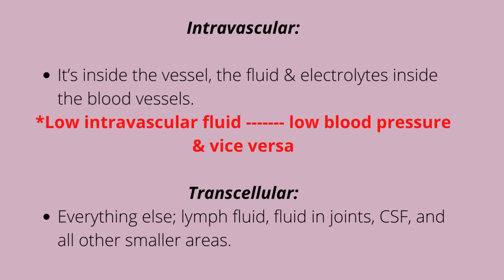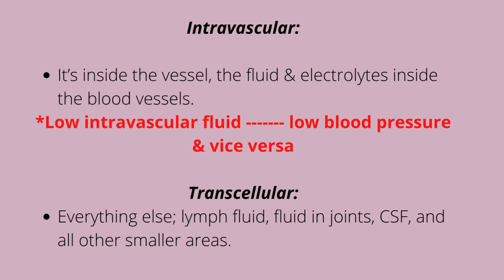Intravascular space. What is intravascular space? Intravascular space is actually inside the vessels, the fluid and electrolytes inside the blood vessels. It's most important to blood pressure. Why? Because when we have low intravascular fluid, this would lead to low blood pressure, and vice versa, high intravascular fluid means hypertension.